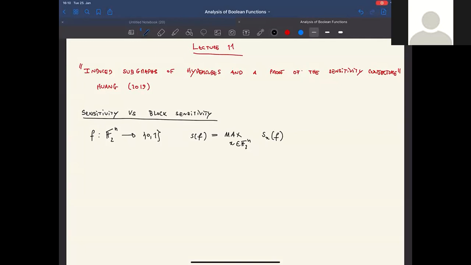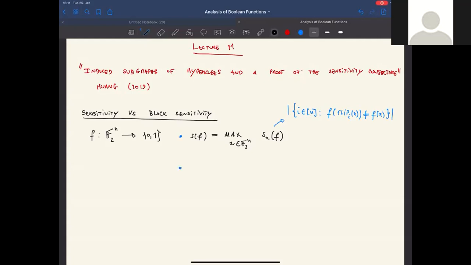And what is that? It is the size of the set of i from 1 to n such that if you flip i, the value is different from the value of f at x. Okay, this is sensitivity.